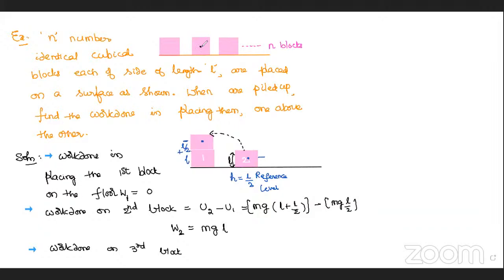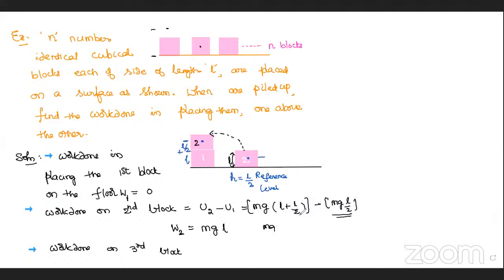Potential energy means mgh, h is L by 2, so mg into L by 2 is the initial potential energy. It is shifted over the first block. The center of mass comes to here, raised to what height? This height from the reference level is L plus L by 2, that is 3L by 2.